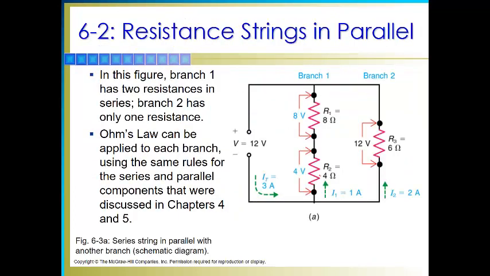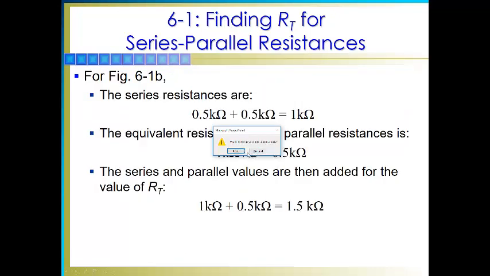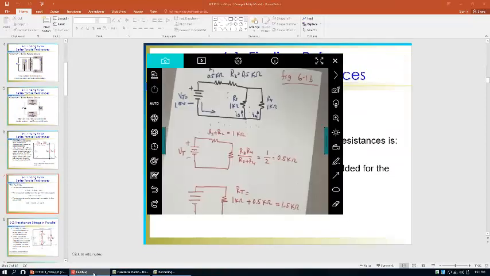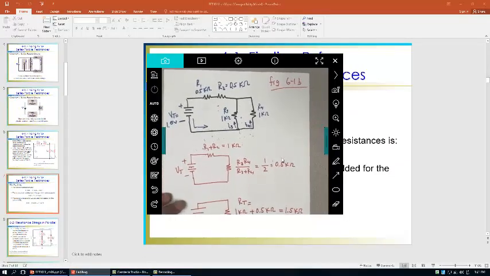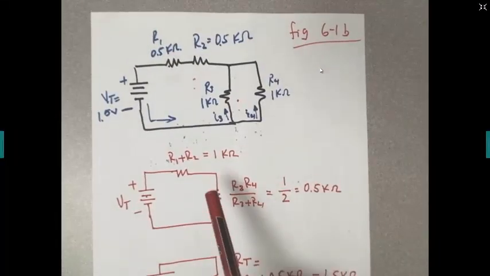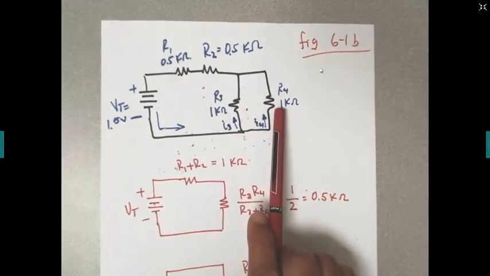Let me show you exactly what I'm talking about. For that circuit, as you can see right here, we had R1, R2, R3, and R4.